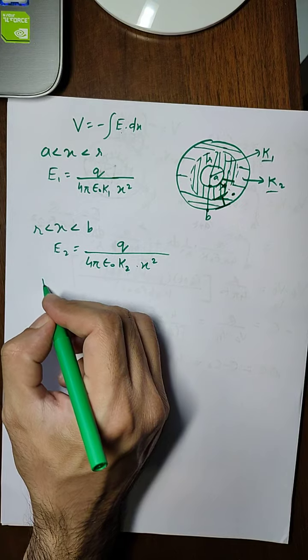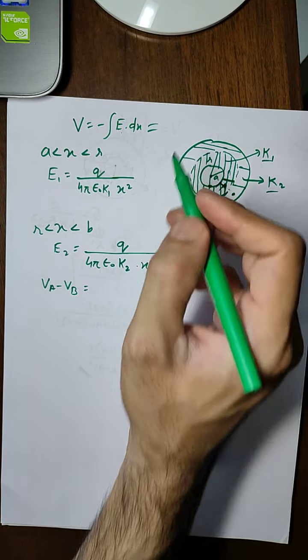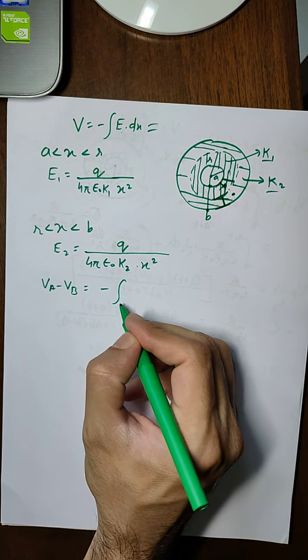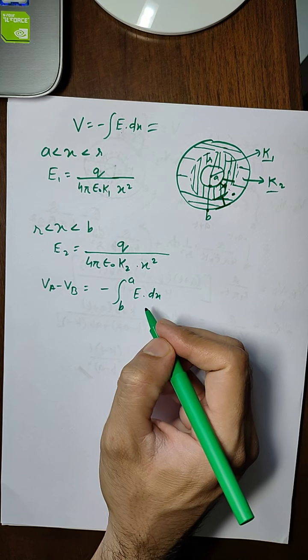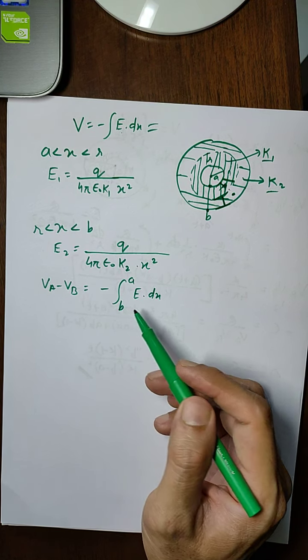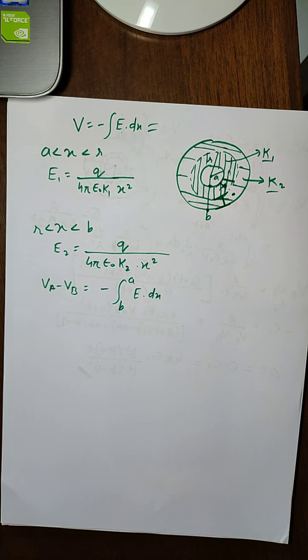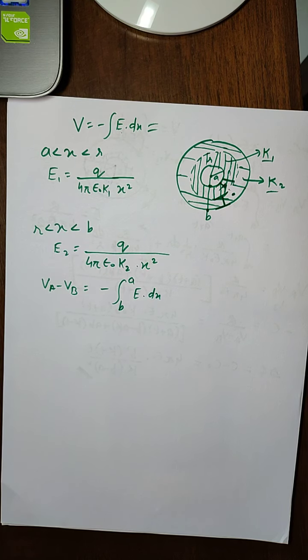Now the potential difference that we have to find out is VA minus VB, which is given by the integral from B to A of E dot dx. You can change the limits and negate this minus sign, but you do not necessarily need to do that. Keep the formula as it is, it does not make any difference to the final answer.